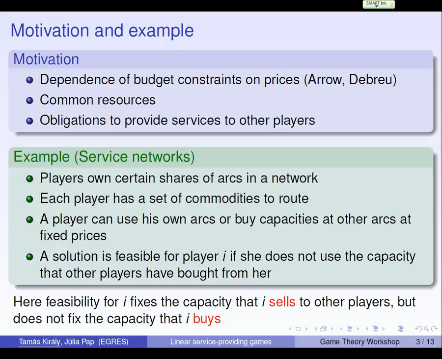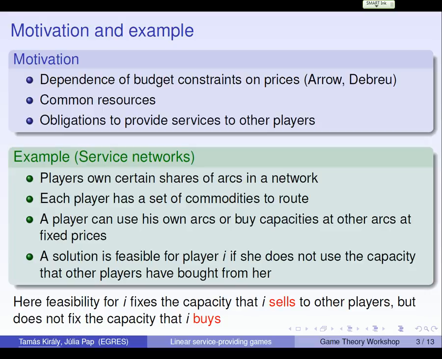We have this service network game where players own certain arcs in the network or certain shares in arcs. And it's a multi-commodity flow game, so each player has a set of commodities that the player wants to route, and they can use their own arcs, or they can buy capacities at arcs of other players at fixed prices.